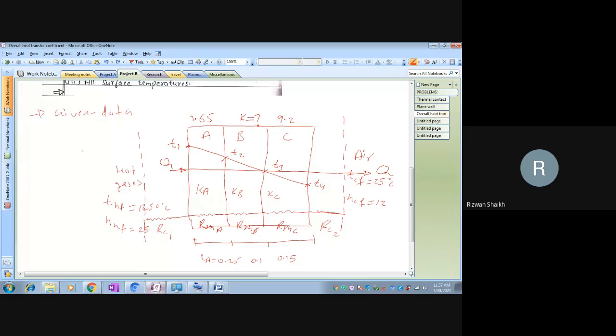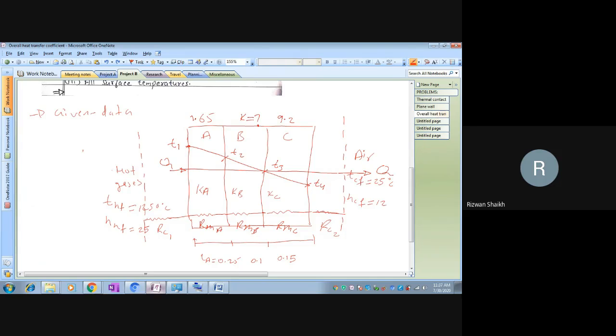And similarly, this is TCF, this is THF. Okay. Now based on this, after putting the given data of the entire problem, we come to know that there are 5 resistances in the problem, and two temperatures are given, that is THF and TCF, and also they have given the inlet temperature, that is T1.